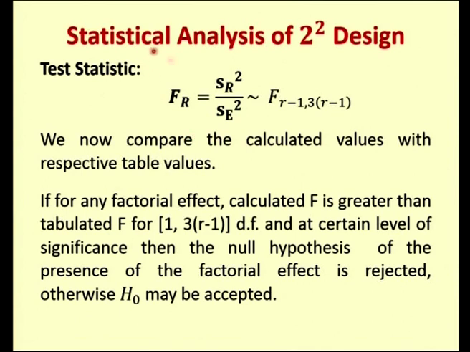Now, we compare all these calculated values with the respective table values at some level of significance, maybe 5% or 1%. If for any factorial effect the calculated F is greater than the table value for 1 and 3 into r minus 1 degrees of freedom, then the null hypothesis is rejected. Otherwise, the null hypothesis may be accepted.